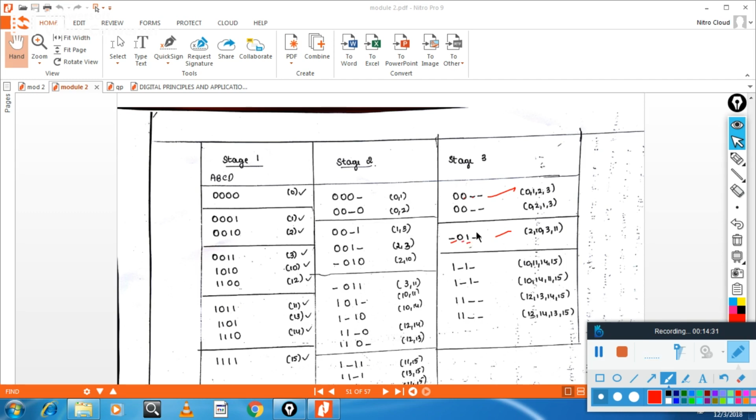That means 2 bits are changed. Here all are like that only. 2 bits are getting changed. So what is our rule? When you compare from one member to another, only 1 bit should change, not 2 bits. Here all members have 2 bits changed. That's why we don't have a further stage 4. So you will know you have to stop here.